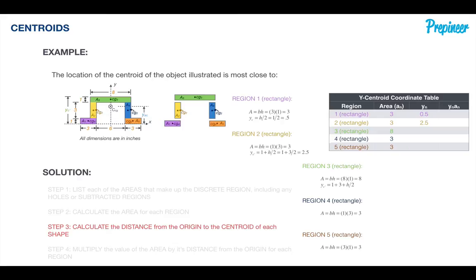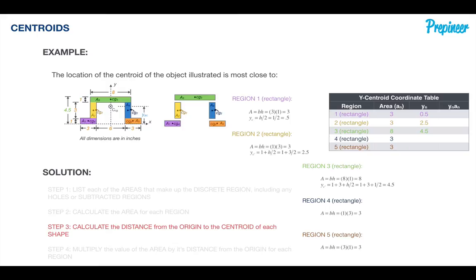Now moving on to our third region, the centroid will still remain at half the height as all the rectangles, but it's also elevated 4 inches from the x-axis. So we have the height of region 1, we have the height of region 2, which is 1 plus 3 is equal to 4. So we have to account for that. Plugging in our dimensions, we find that the centroid is located at 4.5 inches from the x-axis.